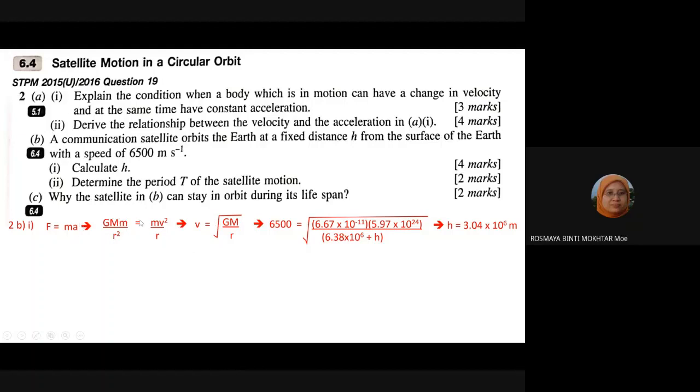Always refer to the marks given. With 4 marks, you cannot start straight from the formula for the speed. To be safe, start from here, because it's quite a large mark.